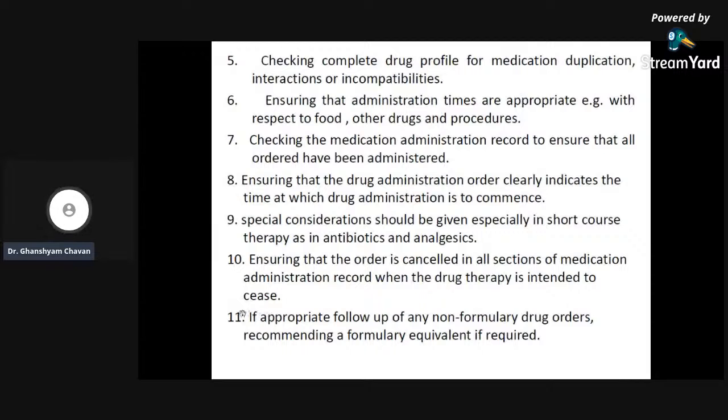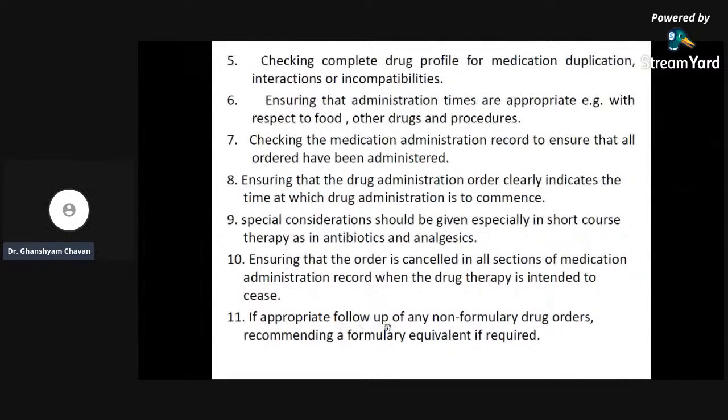Next point is, if appropriate, follow up of any non-formulary drug orders, and recommend a formulary equivalent if required. So if any non-formulary drug, means a drug which is not in the list of the formulary, is required, we should do the follow-up of that drug, because that drug may produce adverse effects or side effects.